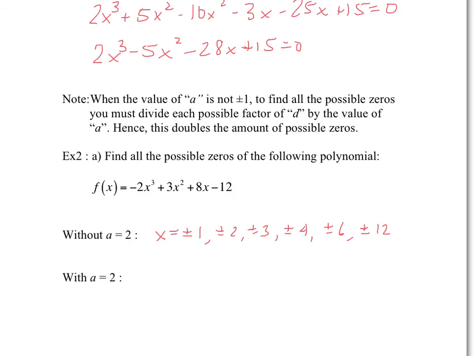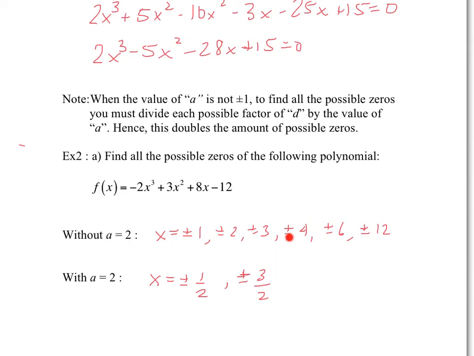You would take every single one of these and divide them by 2. So I would take this 1 divided by 2. You would get x equals plus or minus 1/2. You would take 2 divided by 2, you would get 1, so that would be the same. You would take 3 and divide it by 2, so that means plus or minus 3/2 is also a possible zero.